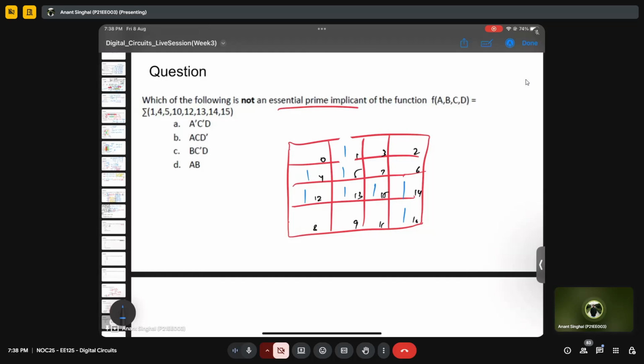Which of the following is not an essential prime implicant? So basically, essential prime implicants are groups in the K-map which have at least one unique one. I'll explain what that means.